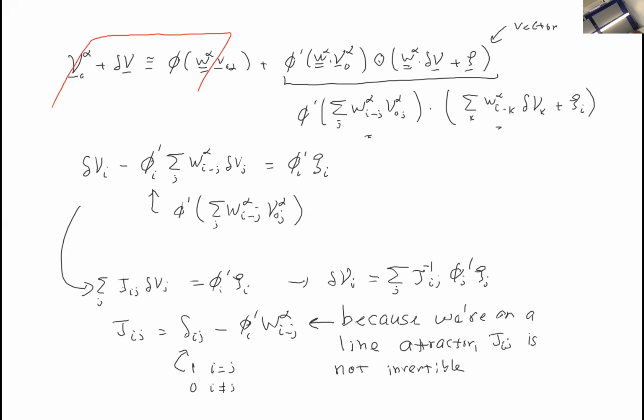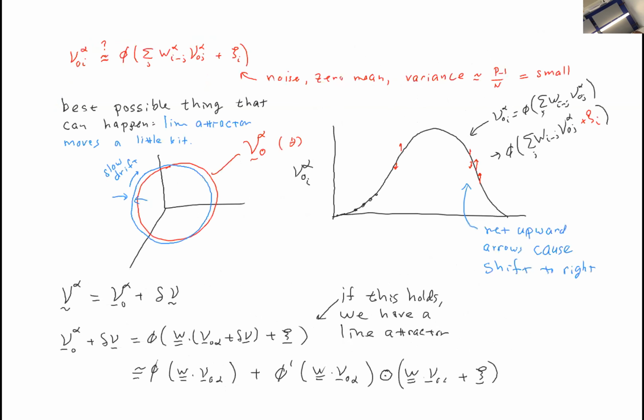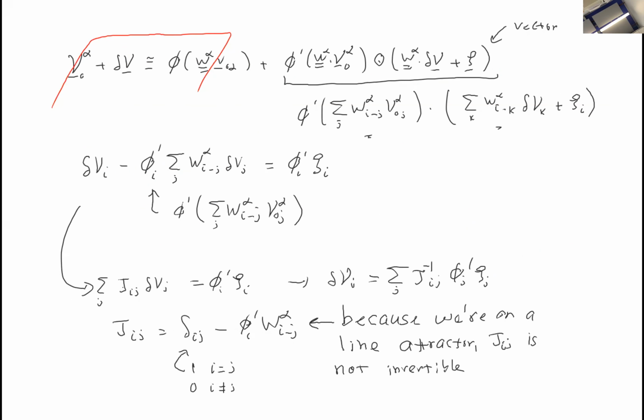We'd be in a situation like this, where this blue curve is actually a line attractor. But the problem is, because we're on a line attractor, J ij is not invertible. Okay. And that's actually not that hard to see, if you spend weeks thinking about it.